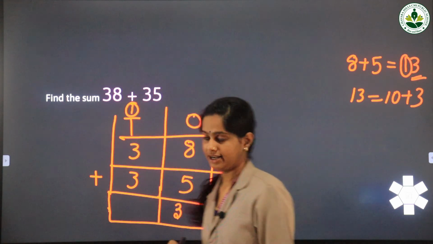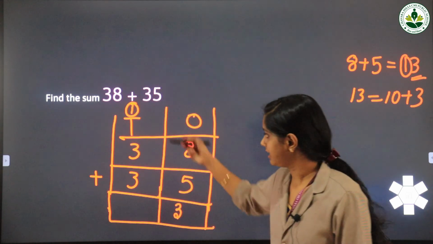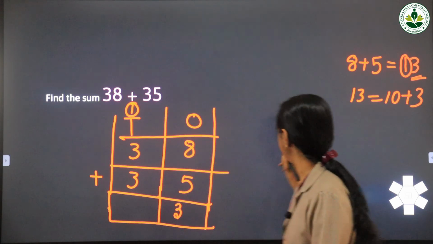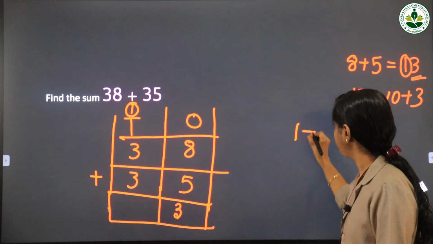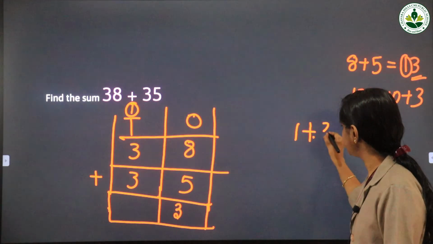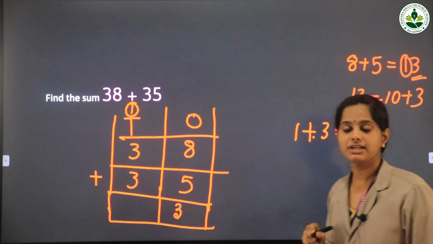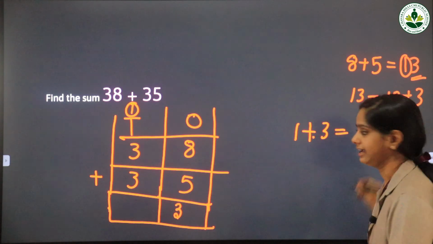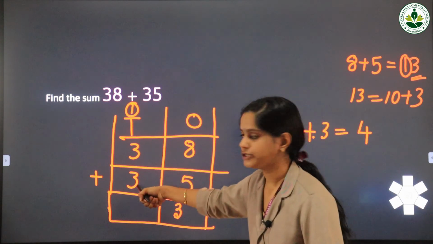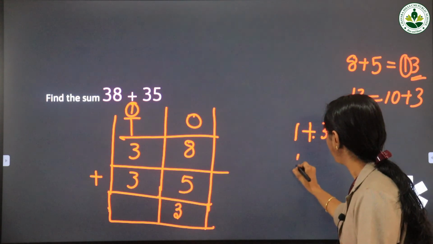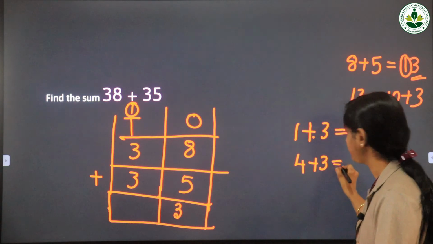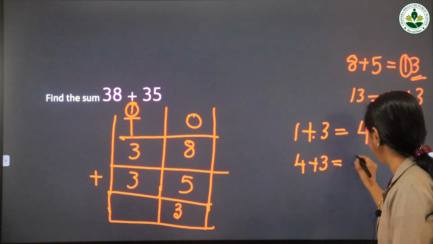So, carryover. Then we add 1 plus 3. 1 plus 3 is equal to 4. Again we add 3 to this 4. 4 plus 3 is equal to 7.